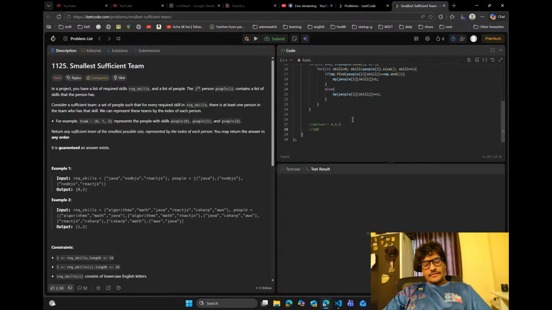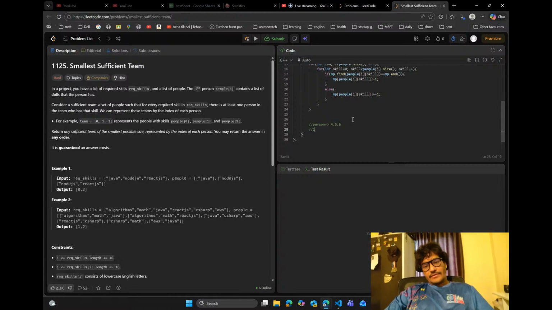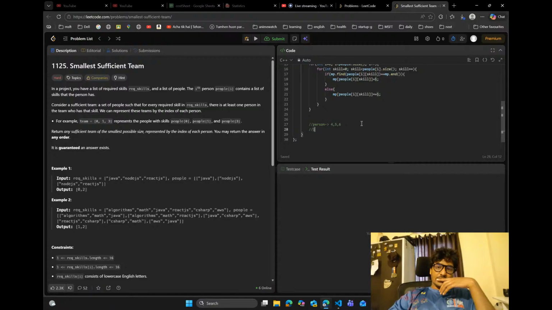And even if they have, one of them has 4, another one has 5, and another one has 6. Besides those hundreds of common skills, if you just remove this person, we have to select 3 additional people just because.